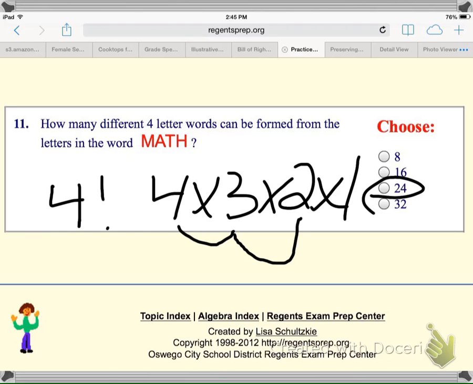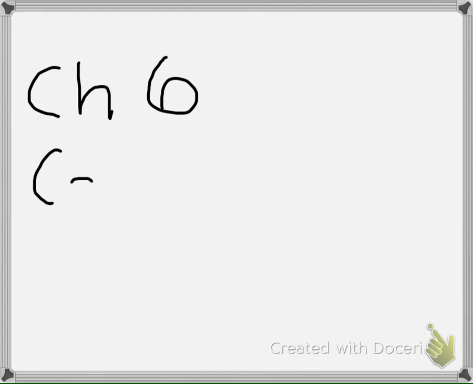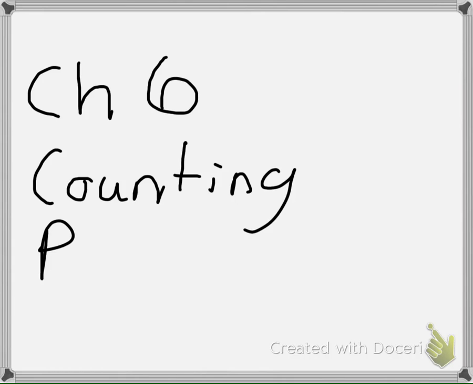Okay, now homework. I know you're excited about this one. For homework, the first thing I want you guys to do is open your books to chapter 6. And in chapter 6 today we've talked about the topics of the counting principle, and we've also talked about permutations.